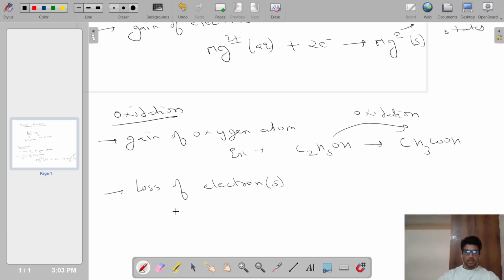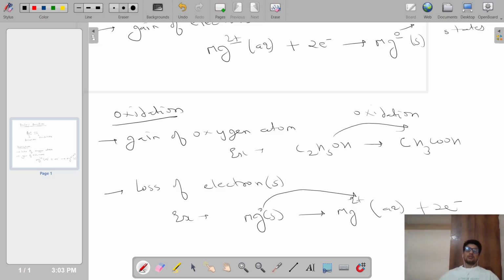Okay. Example. Now if we reverse this reaction, magnesium solid going to magnesium 2 positive aqueous plus 2 electrons. Now you see from 0 oxidation state it is going to +2, which means it is increasing positive charge. How can any species increase positive charge? When they lose electrons, right?